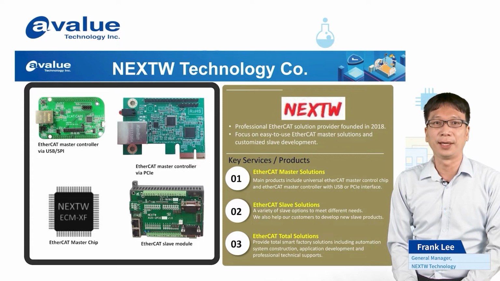We focus on providing easy-to-use EtherCAT master solutions and customized slaves. Our goal is to help customers build their own automation systems in a very short time, using a common standard industrial network such as EtherCAT. Our solutions are not only easy to use, but also have low cycle time. These are the benefits that our customers have been excited about for their high-precision control systems.